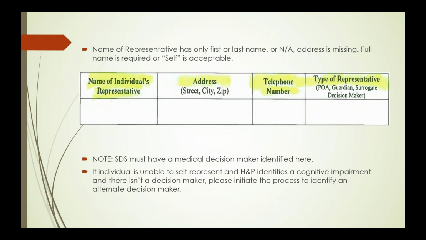The name of the representative has only first or last name, or NA, address is missing. Full name is required, or self is acceptable. Basically, this is the representative for the patient section.